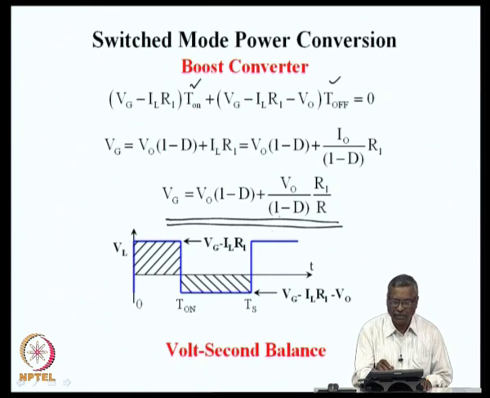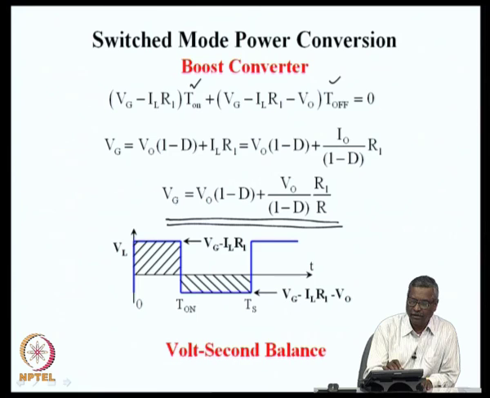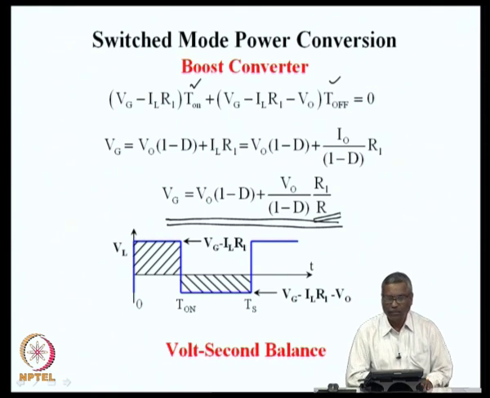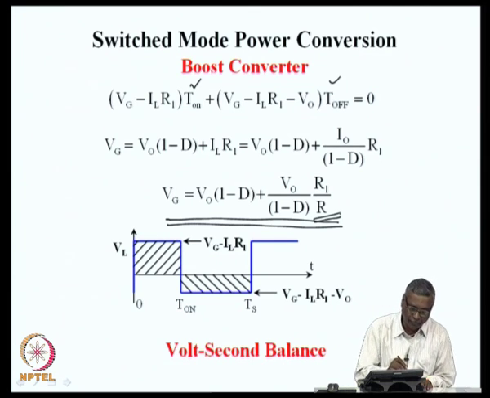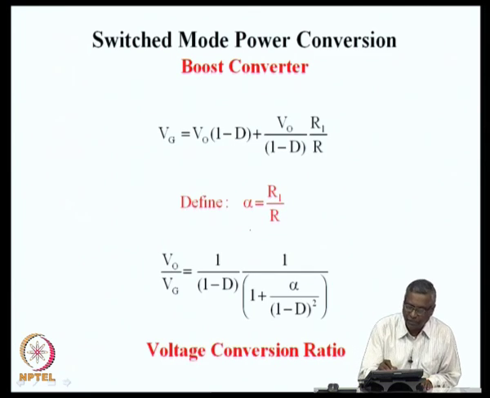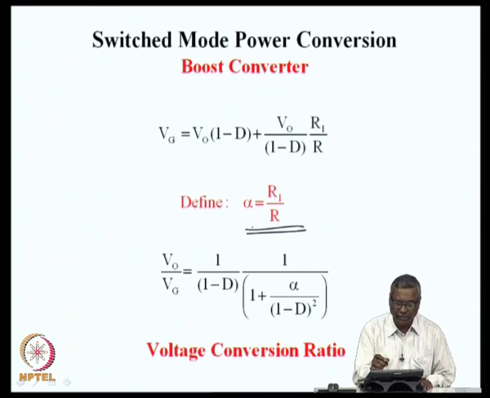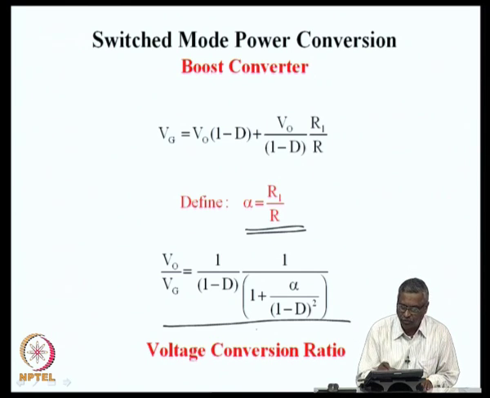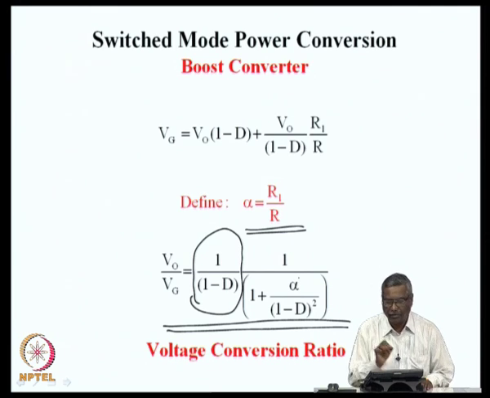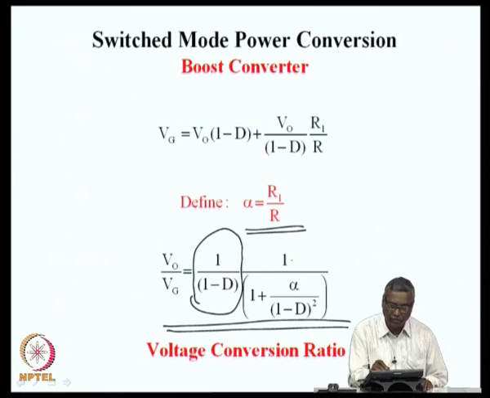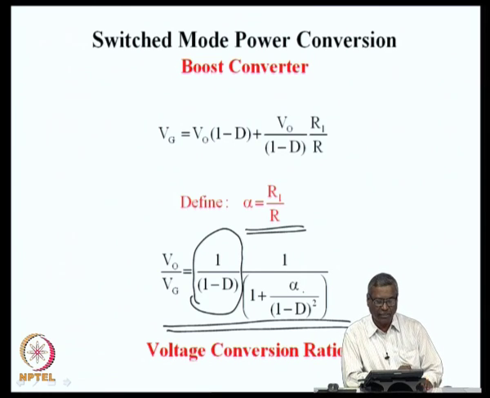Now, this volt second balance gives a result where Vg is now related through V naught, d as well as RL by R. Now, the additional functional element is the ratio of the parasitic resistance in inductor to the load resistance R, and if I define that quantity as alpha, then this relationship can be converted into the ideal result 1 by 1 minus d multiplied by a correction factor, which is 1 by 1 plus alpha into 1 minus d whole square.